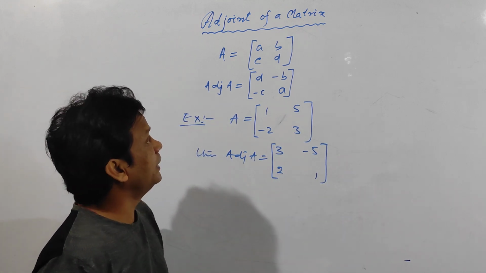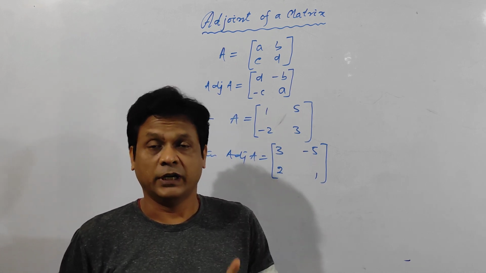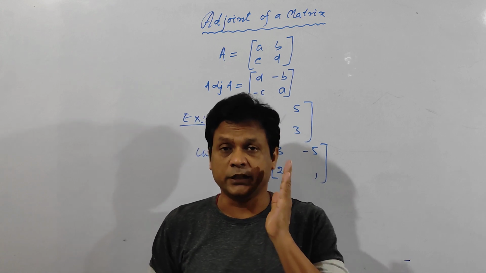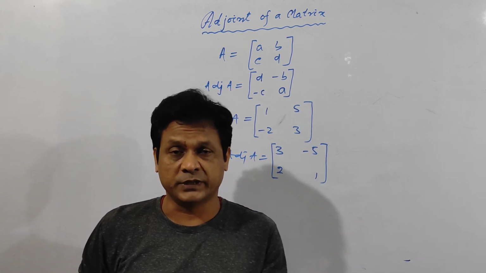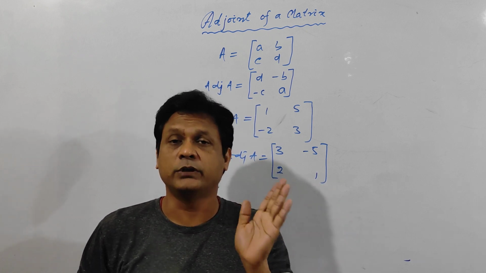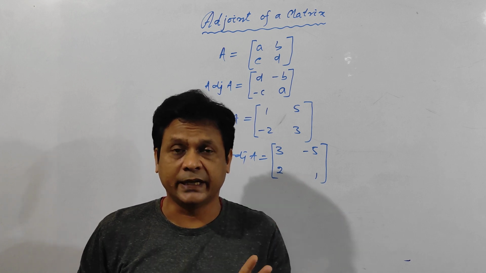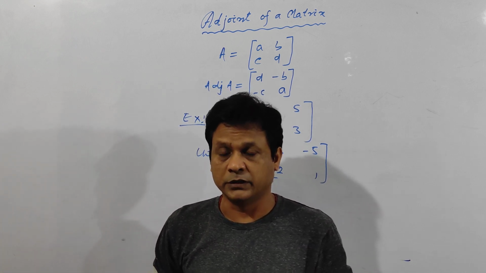Clear? Now I will tell you how to find out the adjoint of a 3 by 3 matrix. See here. The important point is, while determining the adjoint of a 3 by 3 matrix by the manual process, that means the usual process by your textbook method, it will take at least 30 seconds. Clear?